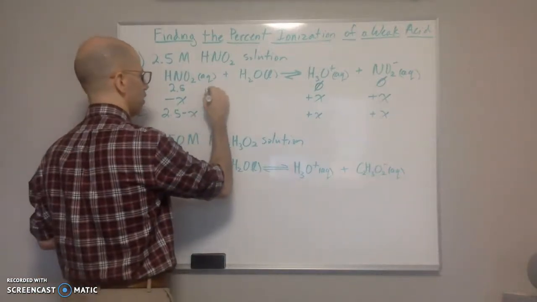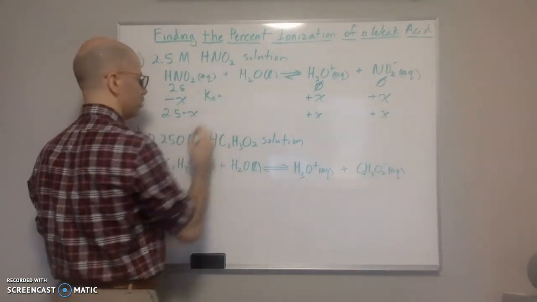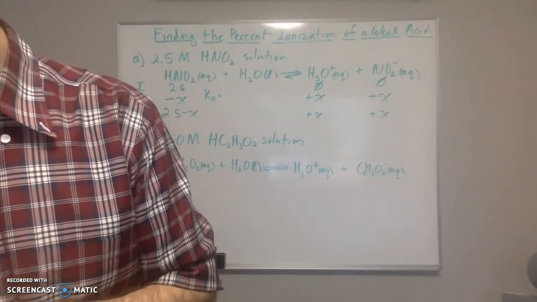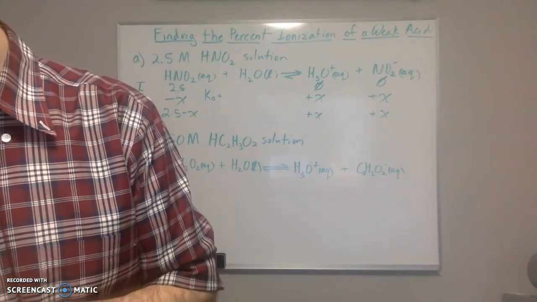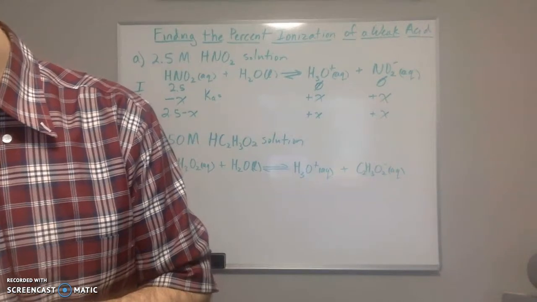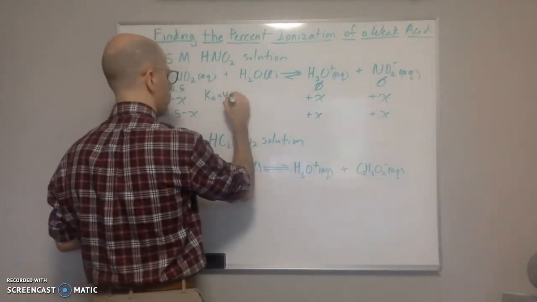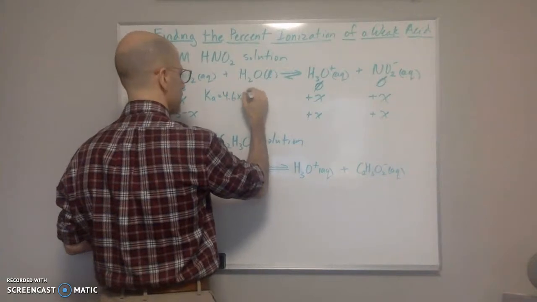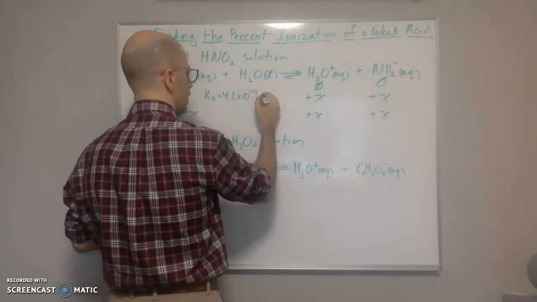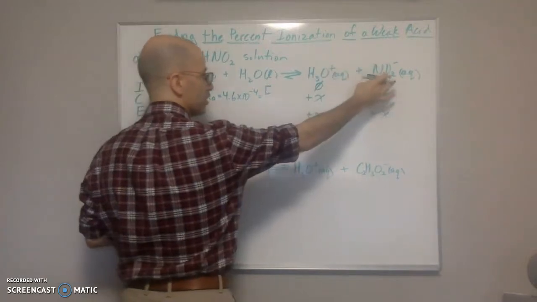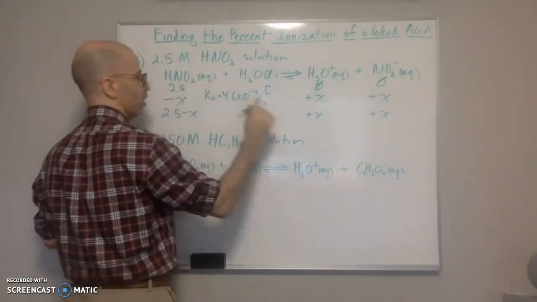So here, Ka is equal to, what's the Ka value for nitrous acid? That would be 4.6 times 10 to the negative 4. And the expression is going to be equal to the concentrations of the products over reactants.